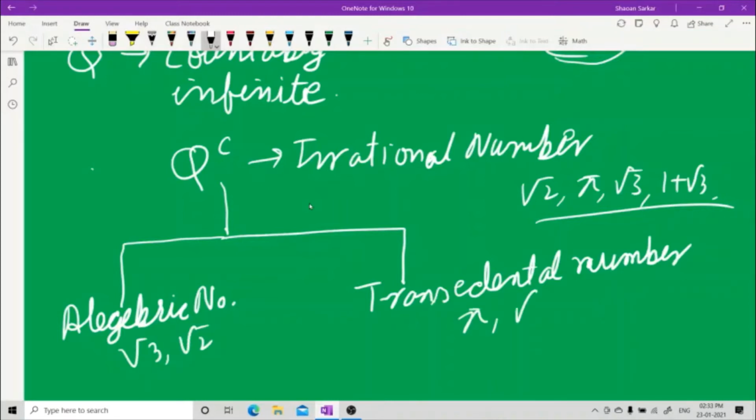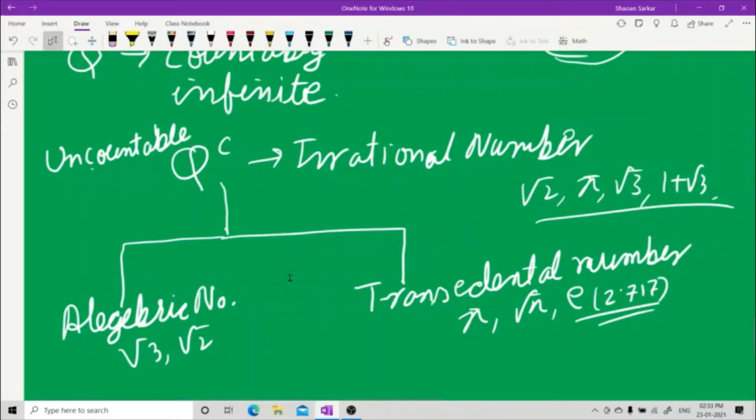Pi, under root pi, and e, which has a value of basically 2.717, which you may have seen in your smaller classes, are all transcendental numbers. Now, the irrational numbers are uncountable. I'll explain within a minute what countable and uncountable mean. Just listen to this.